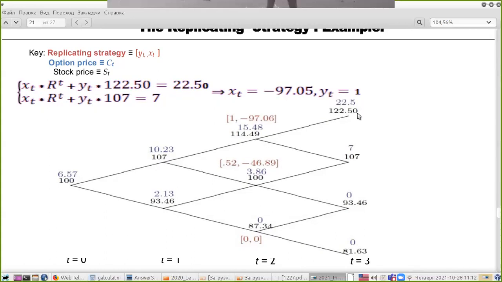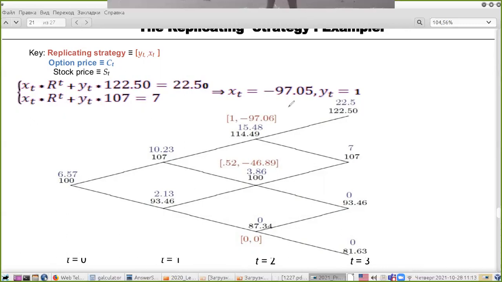and it will be 122.5, but it is for the up scenario, yes, for the up scenario, and similarly for the down scenario.